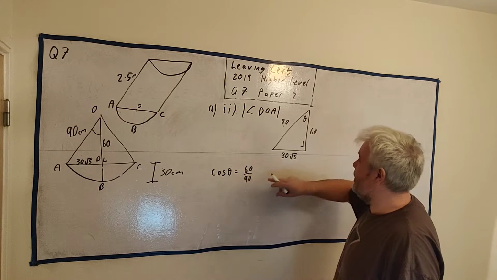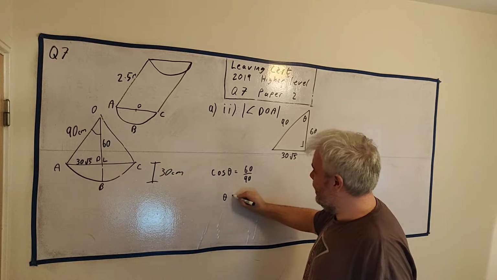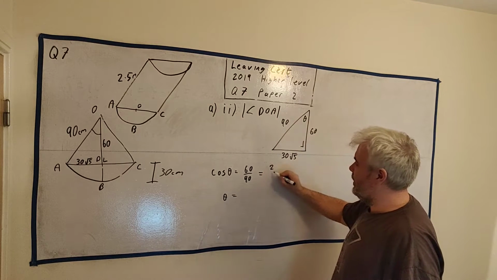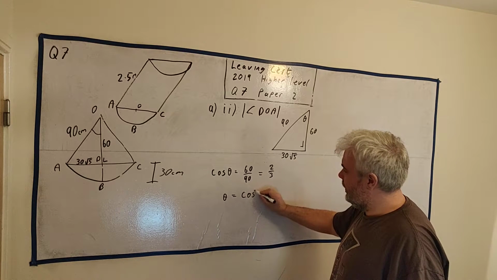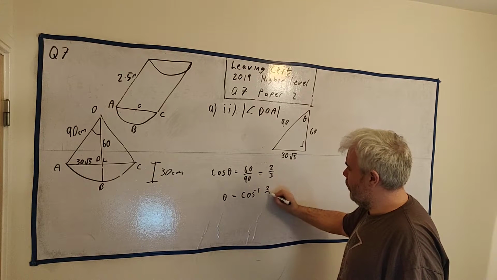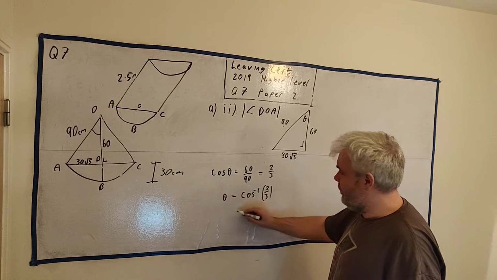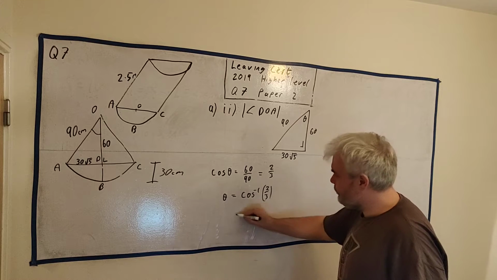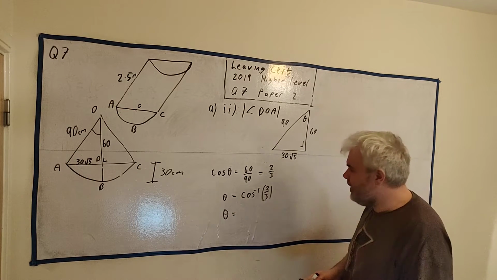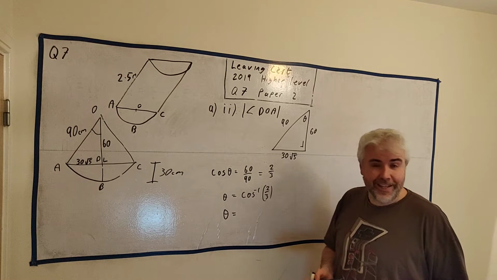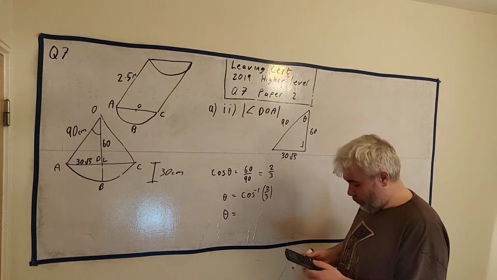So cosine theta is equal to the adjacent over the hypotenuse, which is 2 over 3, first of all. So theta is equal to the inverse cosine of 2 over 3. That's a perfect answer. They wanted the answer to the nearest 2 decimal places, so we'll use a calculator. One thing to be careful of: they asked for the answer in radians, not degrees. So make sure your calculator is set to radians.